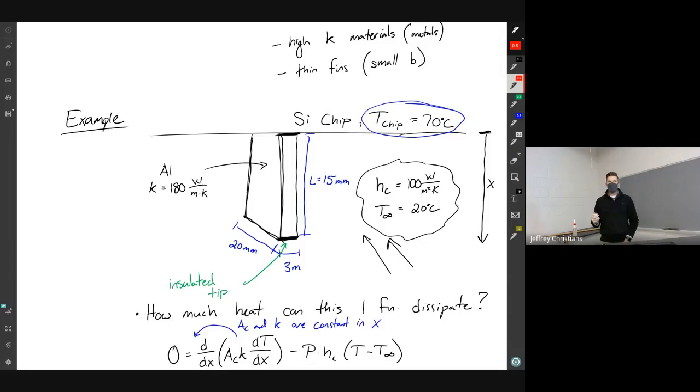We could take the temperature everywhere and the convection coefficient, and we could integrate the two, and it would be ugly and gross. We could do that and get it. But the cooler thing is with the first law, the total amount of heat that's leaving must be equal to the total amount of heat that's coming in. So the total heat that's coming into the fin at the base has to be going somewhere. Where is it going? Oh, it's leaving. So we don't have to actually look at the heat being dissipated at the surface of the fin. We can just look at how much heat is coming into the fin at the base.